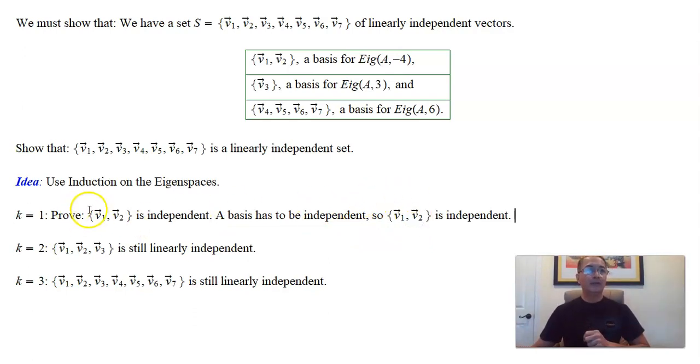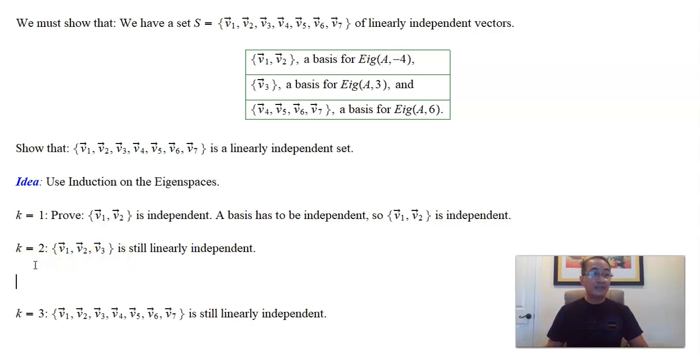Now we are going to add to b1, b2 our next basis. But there's only one vector. Fine. We have 3 vectors now. We want to show that that set of 3 vectors is still linearly independent. The idea is basically the same technique that we used in that theorem with bj plus 1.